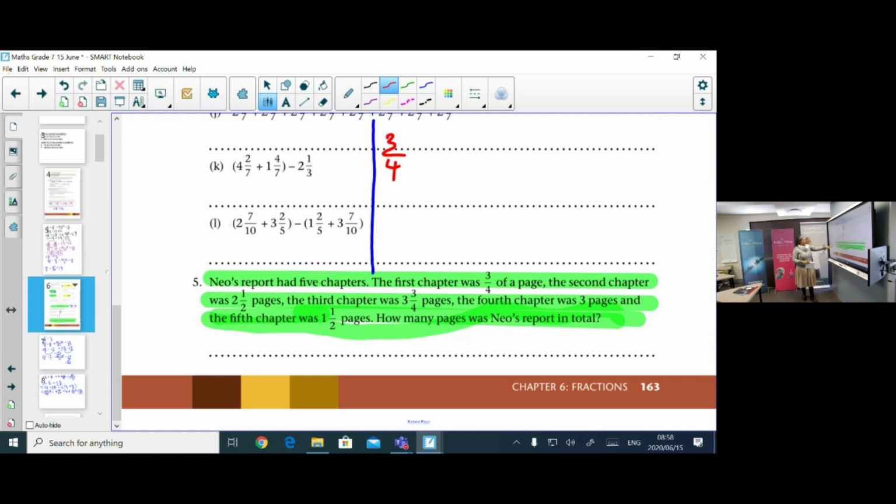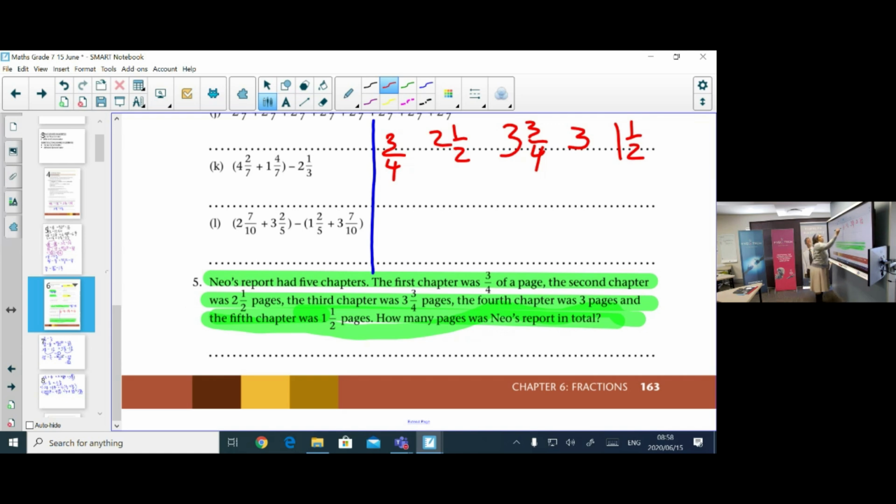The second chapter was 2.5. The third chapter was 3 over 4. The fourth chapter was 3 pages. And the fifth chapter was 1.5. How many pages was Nell's report in total?